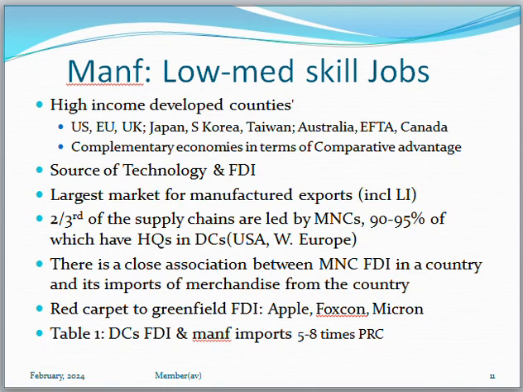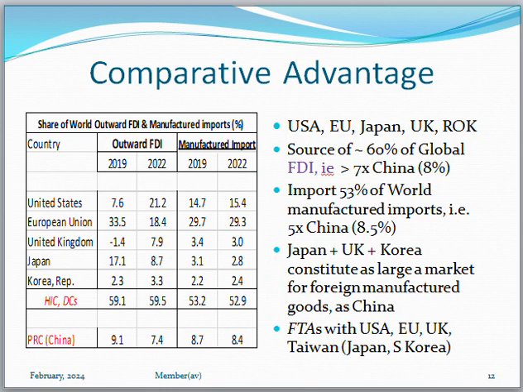Okay, give you an idea of that. So how are we doing this? It's in the next table. First, quickly the numbers. This table shows you that the 5 high income countries are the source of 60% of global FDI, which is 7 times China's.